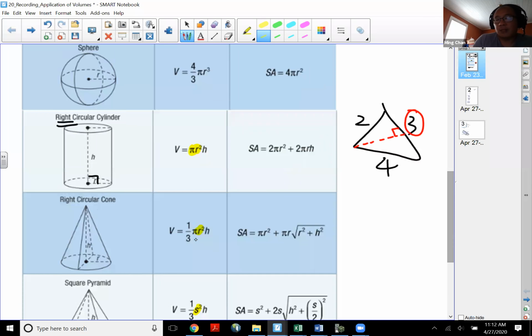That's what that 1/3 means. The volume formulas look kind of the same, right? The cylinder is pi r squared times the height. For the cone, you have 1/3 in front of it, which means it is 1/3 of a cylinder.